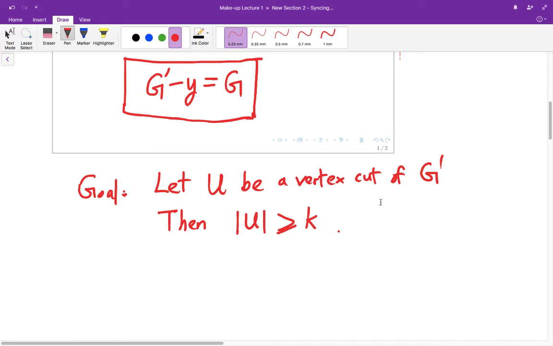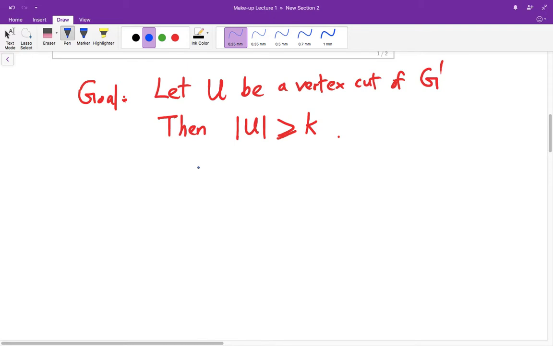Basically this is the definition that the graph G prime is k-connected. We're going to consider two cases depending on whether the vertex Y is inside the set U. For the first case, let's assume the vertex Y is inside U.